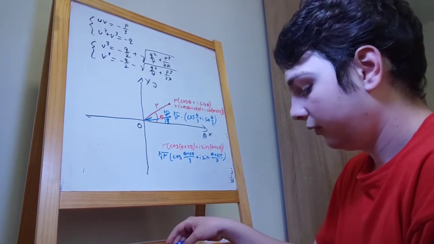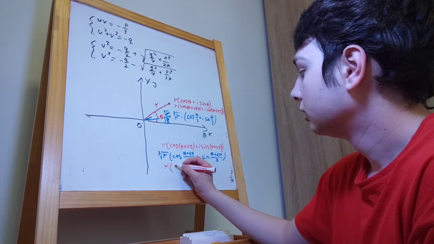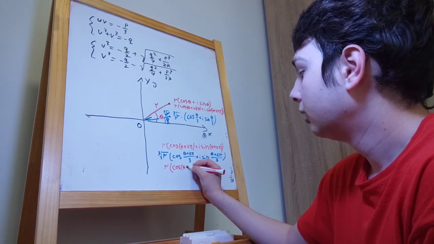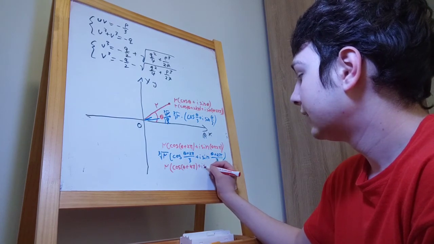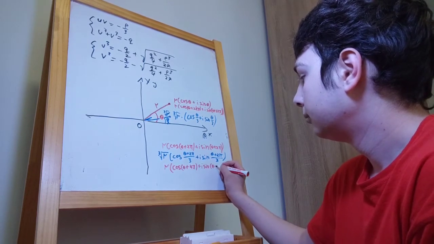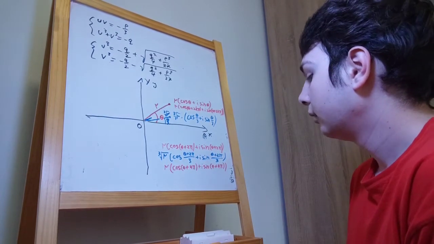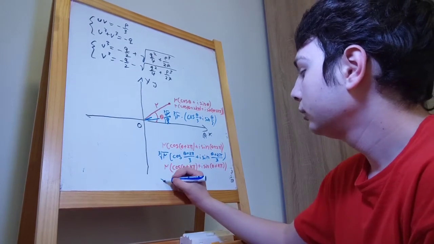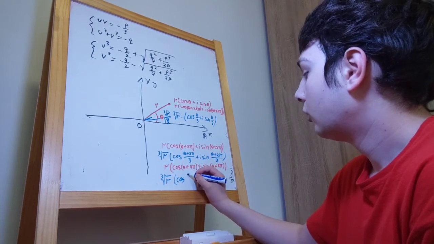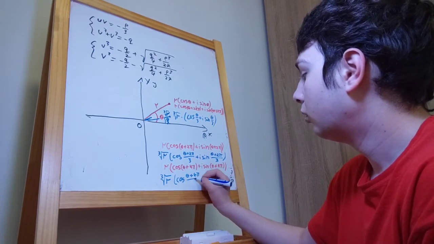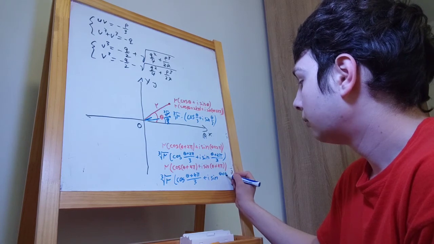And if our number were r times (cosine of theta plus 4 pi plus i sine of theta plus 4 pi), that's it, our root would have been the cube root of r times (cosine of theta plus 4 pi over 3 plus i sine of theta plus 4 pi over 3).